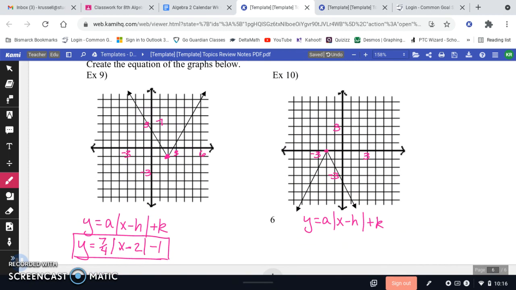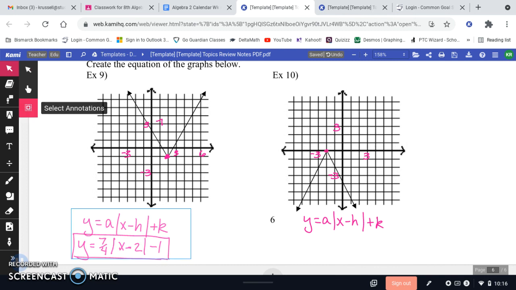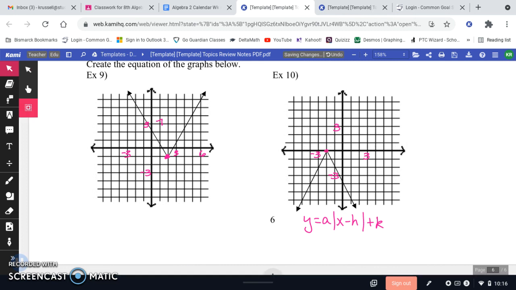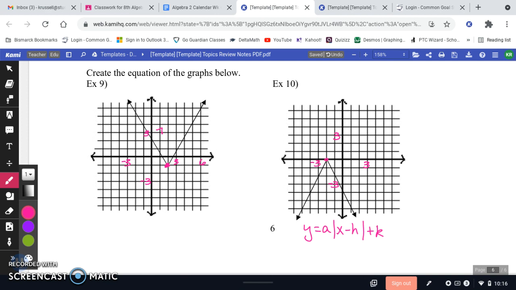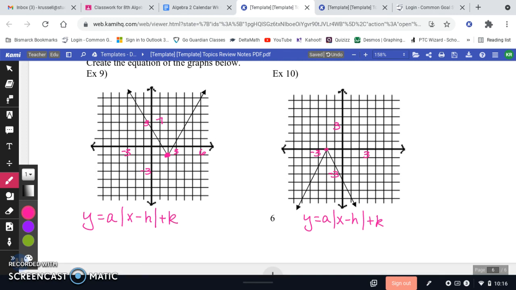Okay, so let's do these. Oh, I didn't get these erased. Okay, so here is the reverse. Here is the vertex. That vertex is at 2, -1. Basically I need to find my h and my k and my a, and then I'm good. So if my vertex is at 2, -1, then my h is 2 and my k is -1.